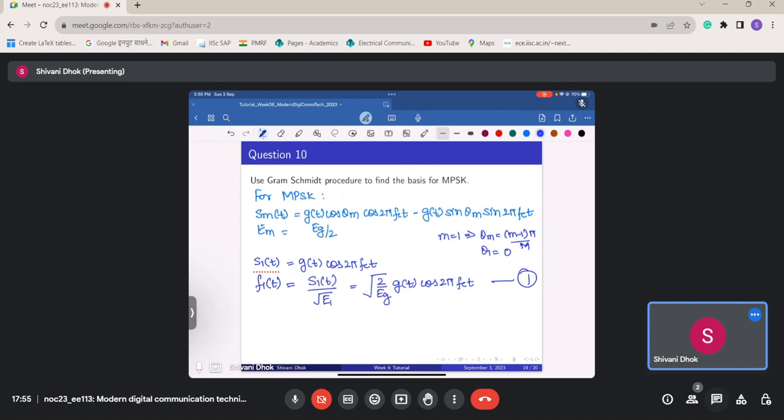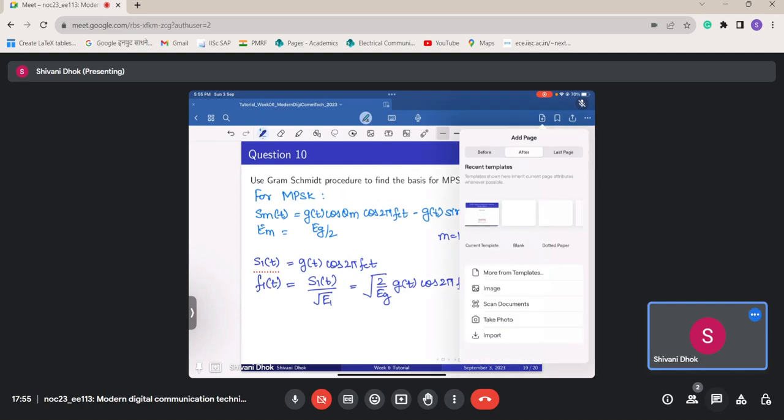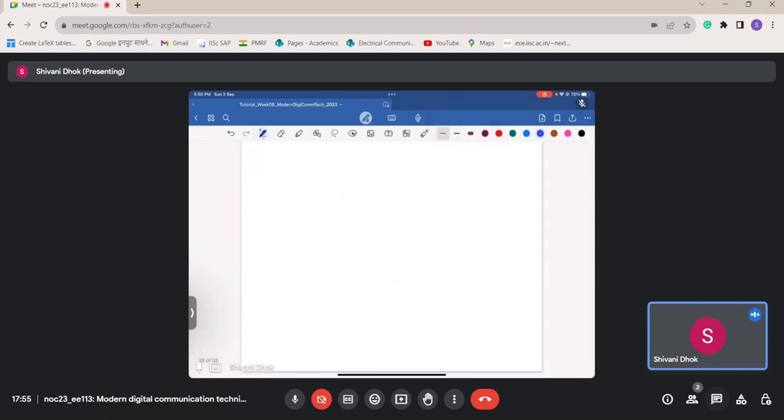Now let us look at the second basis vector. We know that the Gram-Schmidt procedure can be applied to the signals in any sequence.